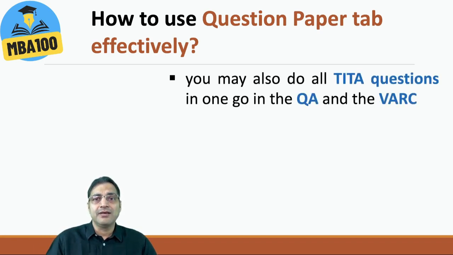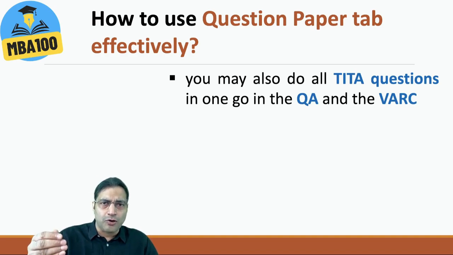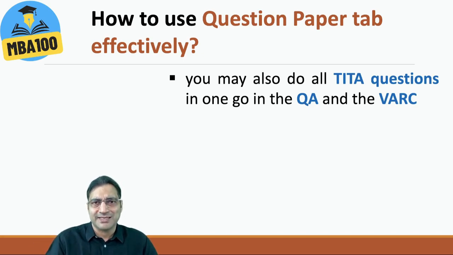One of the strategies can be, let's say when you go to the QA section, you straight away go to QP mode, question paper mode, look at all TITA questions, do them all, and try to do them fast because anyway they do not have any negative marking, so you hardly have anything to lose.